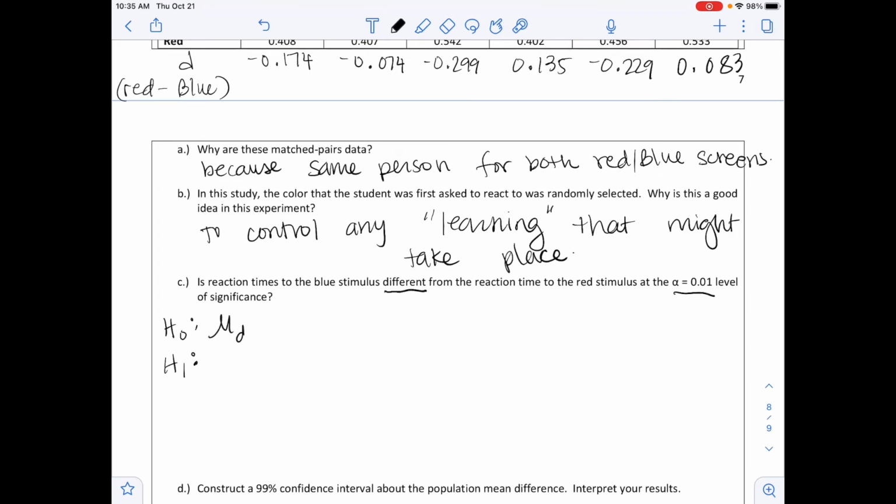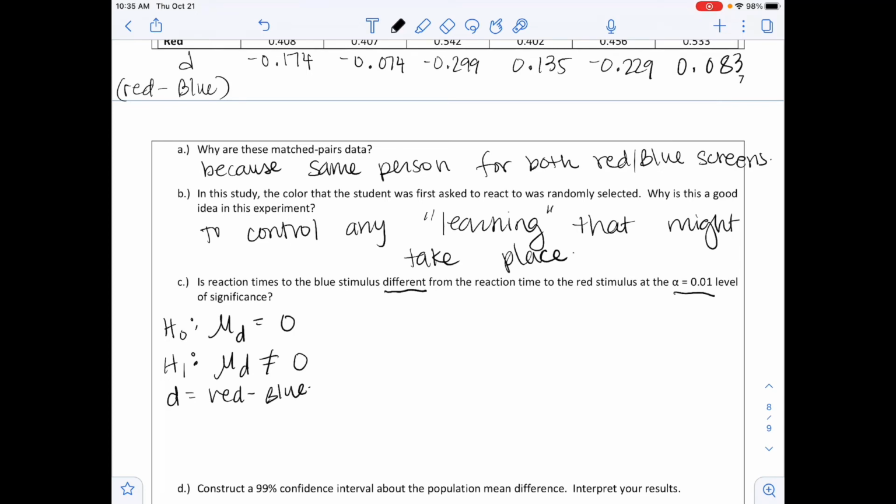And so our null is always going to be mu sub d is equal to 0, so that difference is 0, meaning that there is no difference between the reaction times to the red stimuli and to the blue one. And then our alternative is going to be mu sub d not equal to 0. And again, d from up above is going to be our red minus blue.